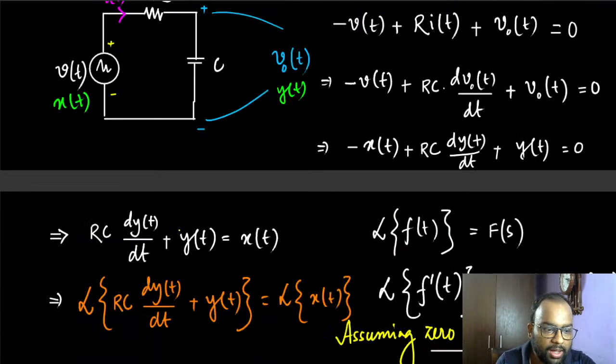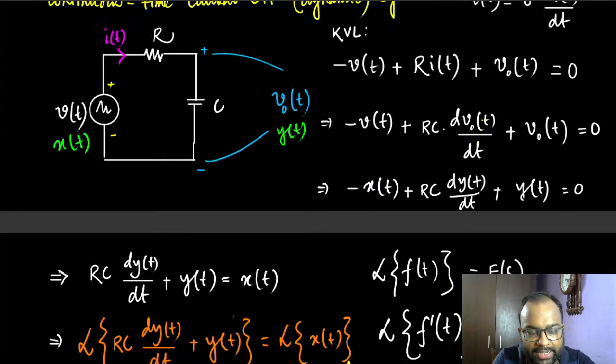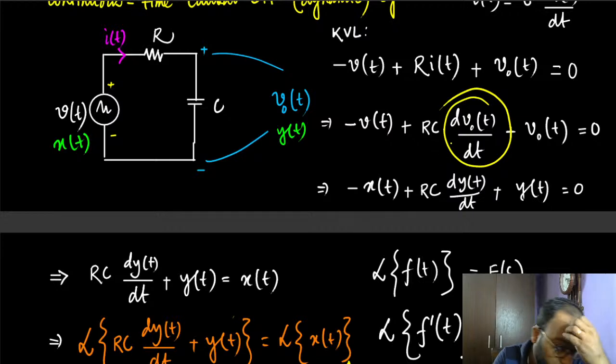Here, if I say something like RC times y0, what does that indicate? That indicates an initial term corresponding to the voltage across the capacitor when the system starts.